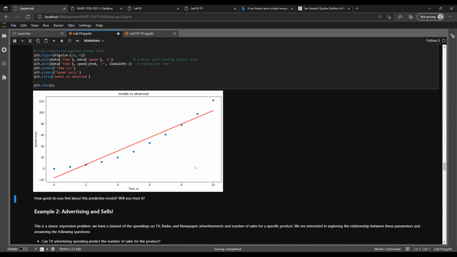So how good do you feel about this predictive model? Will you trust it? Let's say these are the measured velocities, I guess it's just speed, not velocity. These are the measured speeds for, I don't know, an escape pod on a space station.